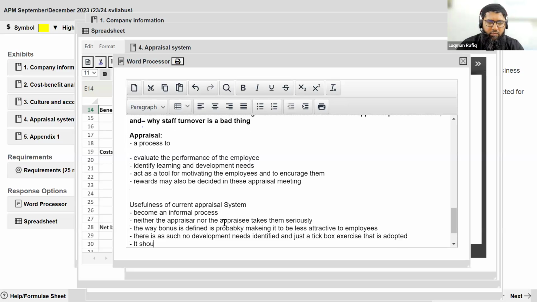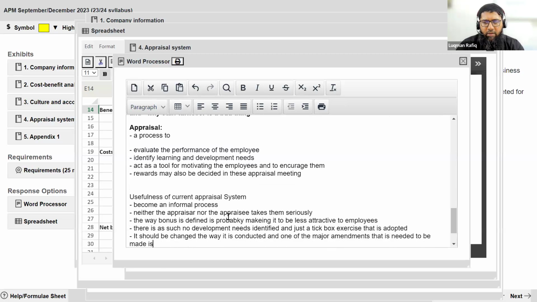It should be changed, the way it is conducted, and one of the major amendments needed is that the bonus should not be predefined.